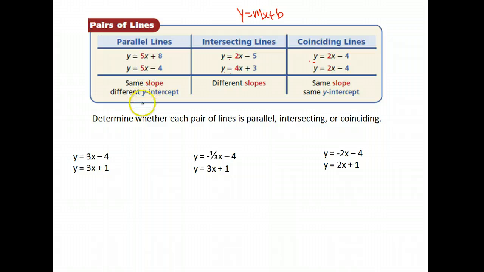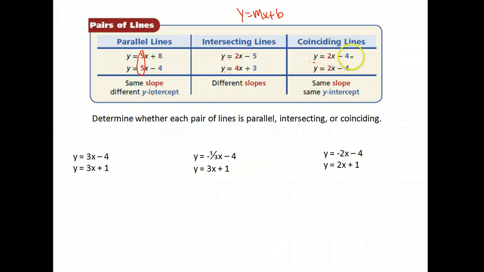When it is in that form, if they have the same slope, then they are either parallel or exactly the same line. Parallel lines have exactly the same slope, but they have to have different y-intercepts or else they end up being exactly the same line.